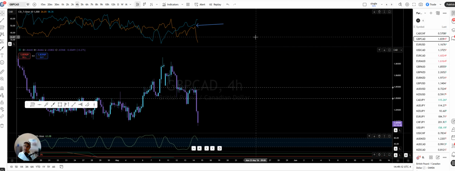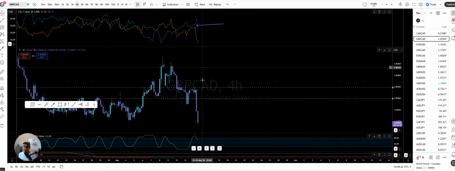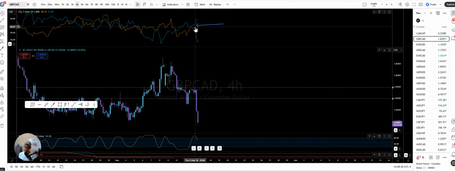I mentioned before that the live signals on a continuation trade are generally going to be less risky than on a reversal. In this case, it's kind of a continuation trade, because the market was starting to trade down, and this was a perfect entry. Okay. Probably about a 90% entry, because they didn't come together completely.